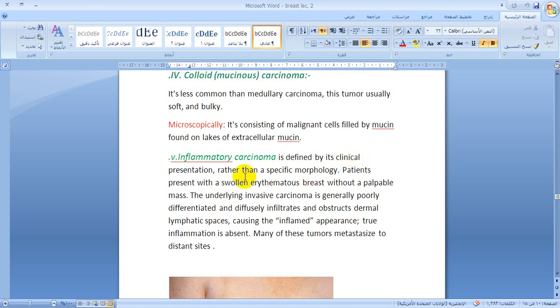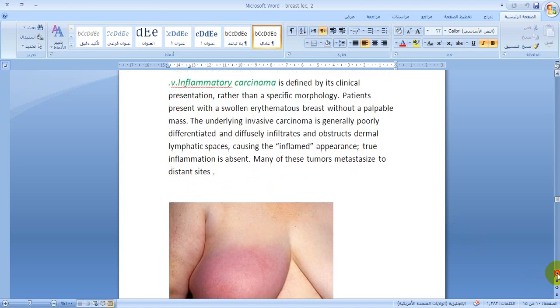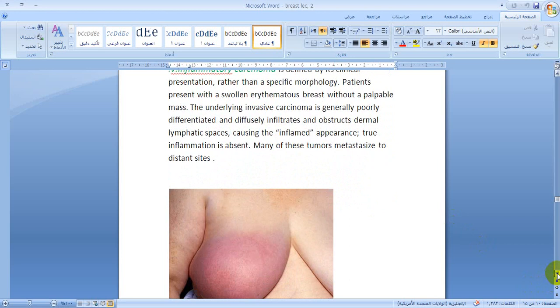شلون تجي الفيميل؟ عندها swollen erythematous breast without a palpable mass، ماكو palpable mass. ليش هذا يكون swollen and erythematous breast؟ هل أكو inflammation؟ ماكو inflammation. The inflammation is absent.